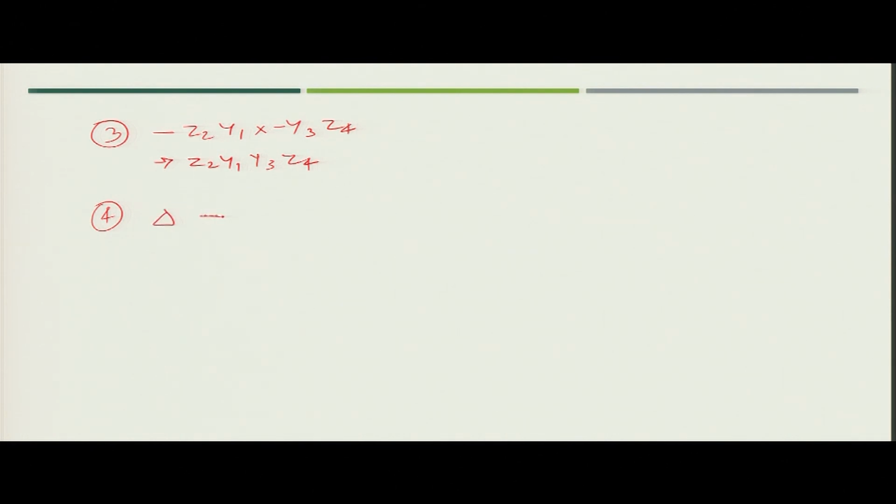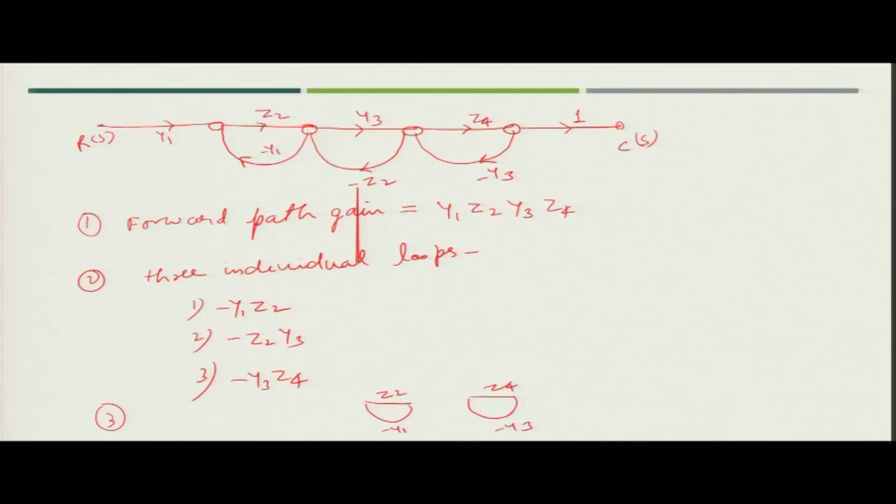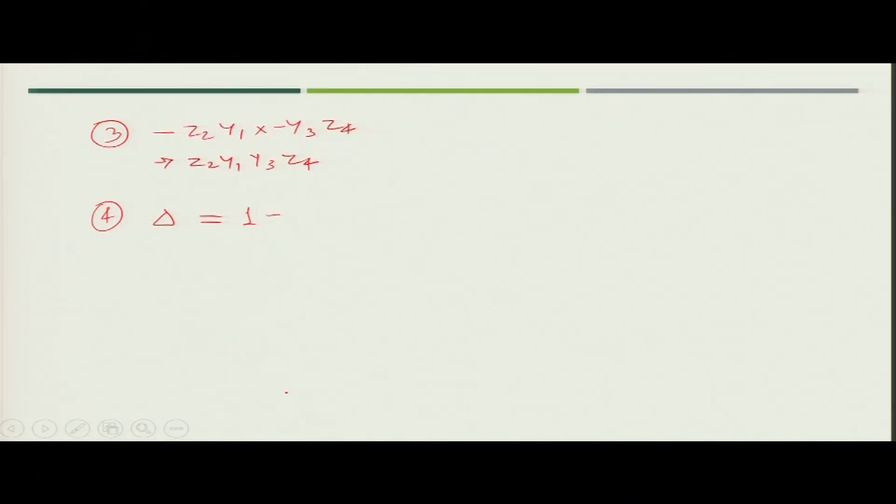So, finally, the delta which you can write is 1 minus the summation of the individual loop gains. The individual loop gains you have got, like we discussed. So, what we can write?